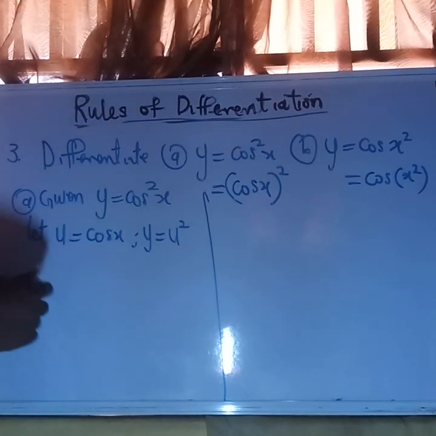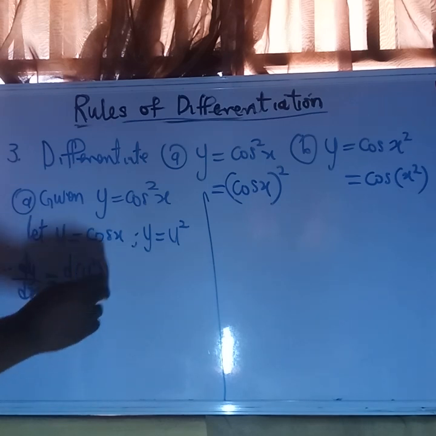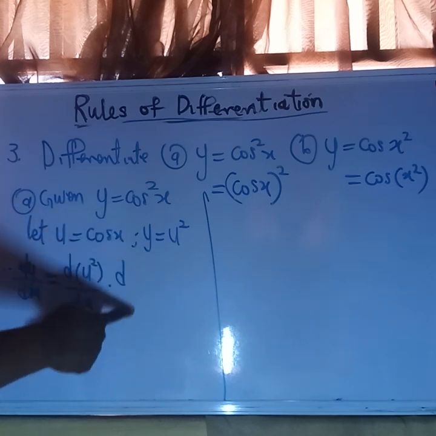Therefore we can find the derivative of y with respect to x, and this will be equal to, as we have it in the formula, dy du multiplied by du dx. But here we have y to be u square, so the derivative of u square with respect to u, multiplied by du dx.